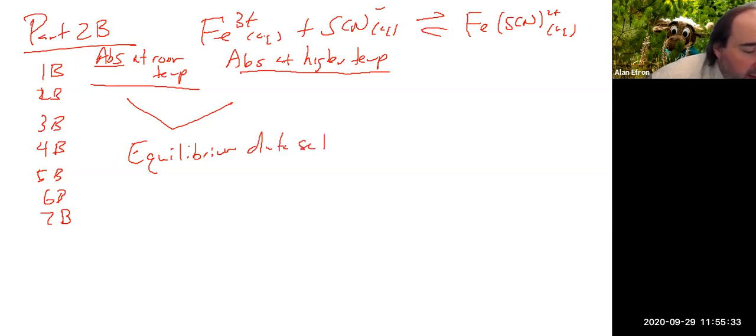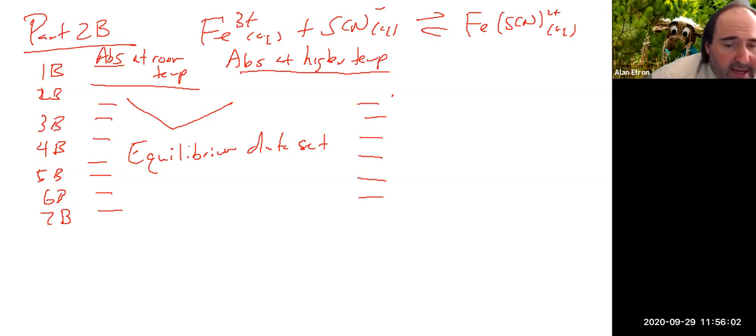You may have set 1, set 2, set 3, set 4, whatever set you have. When you open it, which is a PDF file, you're going to see a table of absorbance values at room temperature and a list of absorbance values at a higher temperature for each of these test tubes.